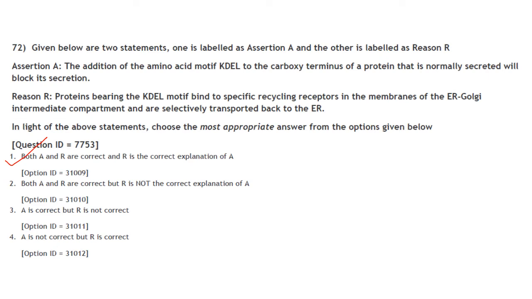Then given below are two statements. One is labeled as assertion A and the other is labeled as reason R. The addition of amino acid motif KDEL to the carboxy terminus of a protein that is normally secreted will block its secretion.